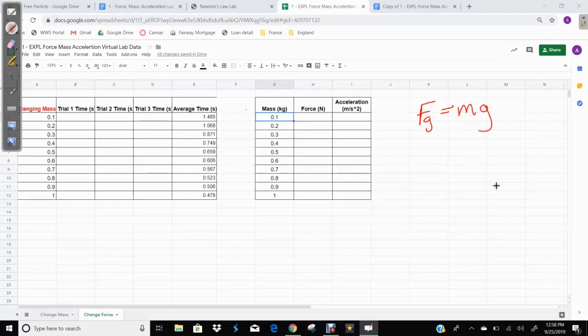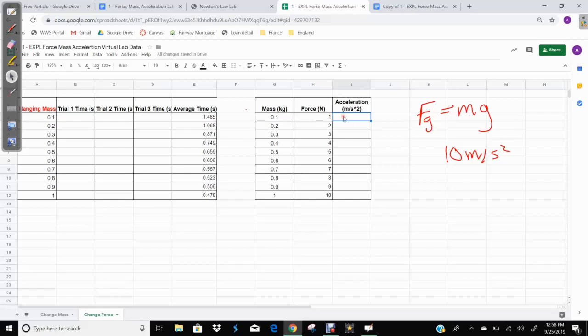So all that we have to do is multiply the mass by 10 meters per second squared. When we come over here, all you have to do is enter an equation equals, click on the mass, multiply that by the number 10. You hit enter and you drag it down. That gives you the force that is pulling on the hover puck.